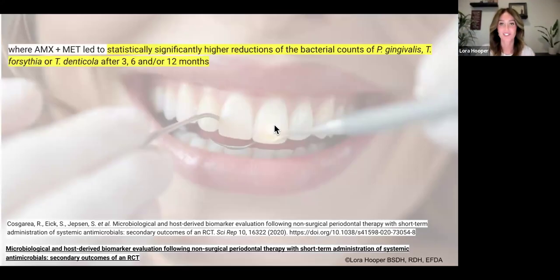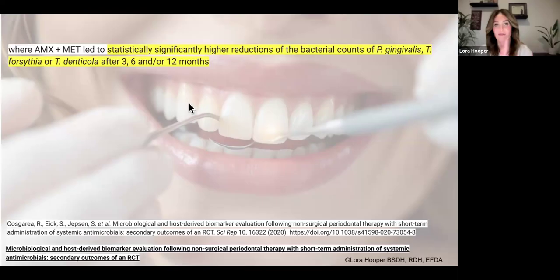And we have studies to show us why they're so resistant. In fact, we can see that they're resistant to scaling and root planing. But if we don't just do monotherapy of scaling and root planing, and we combine it with our antibiotics treating that bloodstream, we see that we get higher reductions in these microbial areas of the red complex, and not just short term.